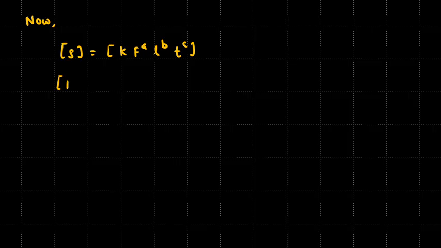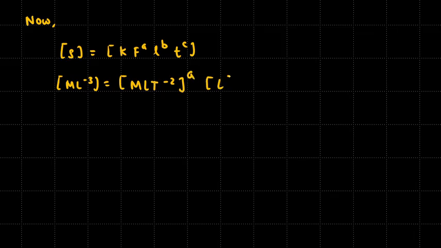Now, since the relation is valid, the dimension of the left hand side must equal the dimension of the right hand side. The dimension of rho is ML^-3. The dimension of K is nothing. The dimension of F is MLT^-2.